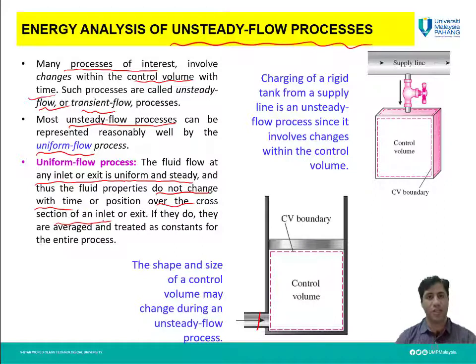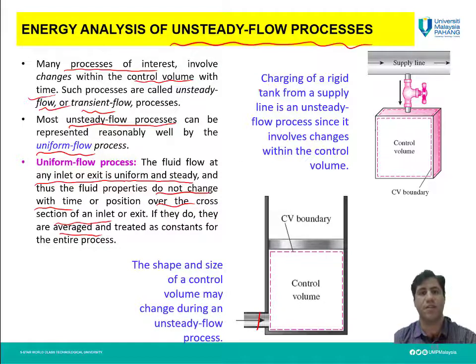And if it is changing, we need to find an average for that cross section, and we can assume that we have a uniform flow for that cross section. This assumption will help us solve different kinds of problems for these unsteady flow processes as well.